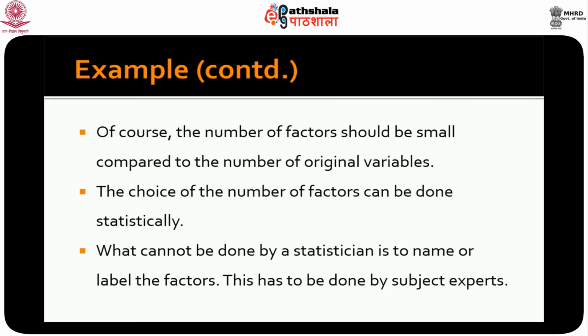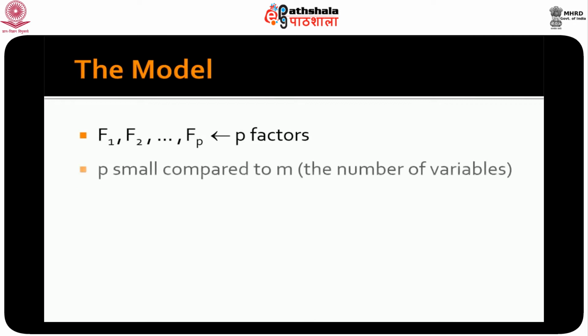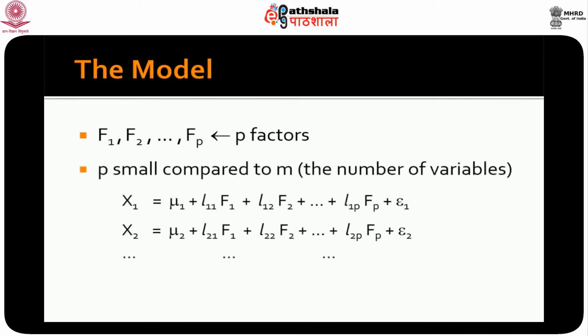Now, let us discuss in detail a factor model. Suppose there are p general factors f1, f2, ..., fp, and obviously p is to be much smaller than m, which is the original number of variables. So, we had x1, x2, ..., xm as the variables, and now we are trying to explain them through p factors f1, f2, ..., fp. The first variable x1 is given by mu1 plus L11 f1 plus ... plus L1p fp plus epsilon 1.